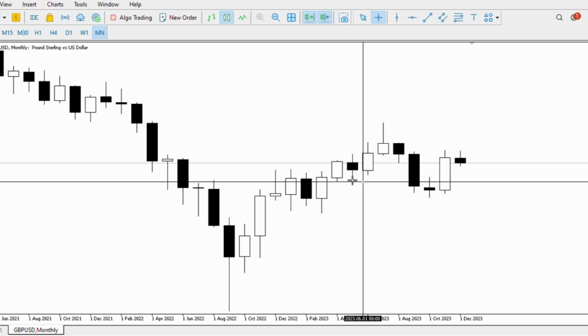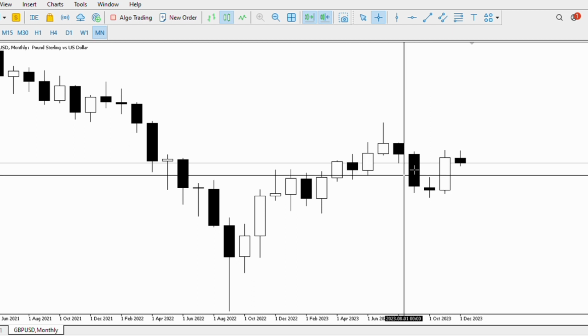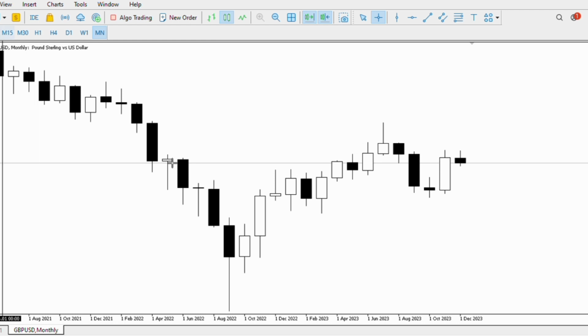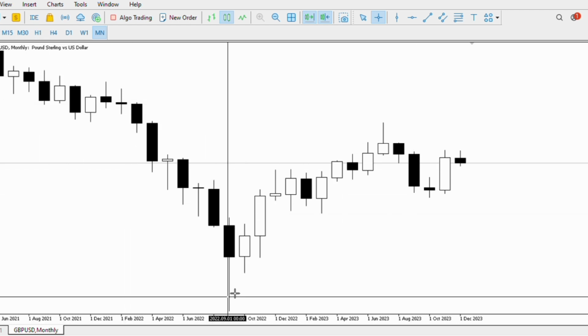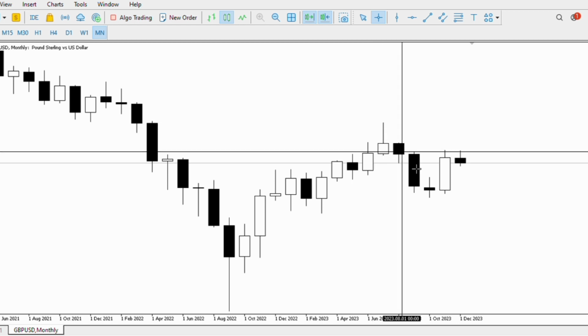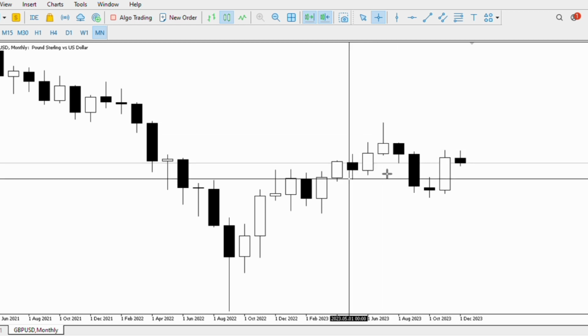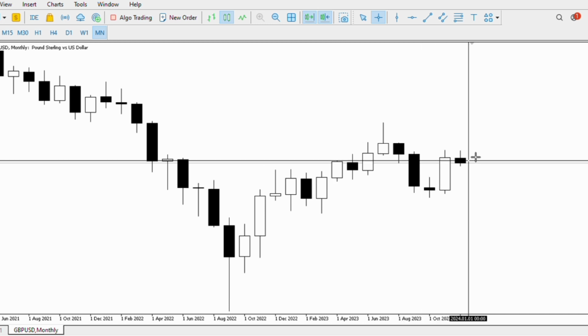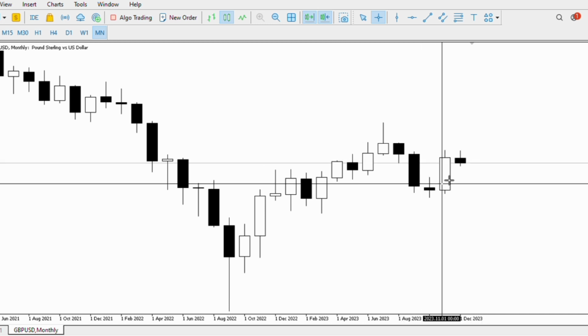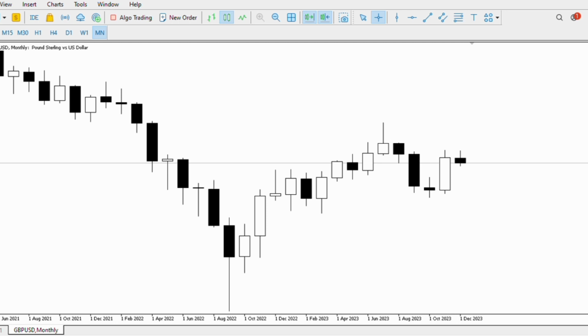So it means that in between the overall impulsive retracement, we also have this kind of minor break of structure right here. You identify that okay, we are establishing the beginning of the continuation pattern for GBPUSD on the monthly time frame.